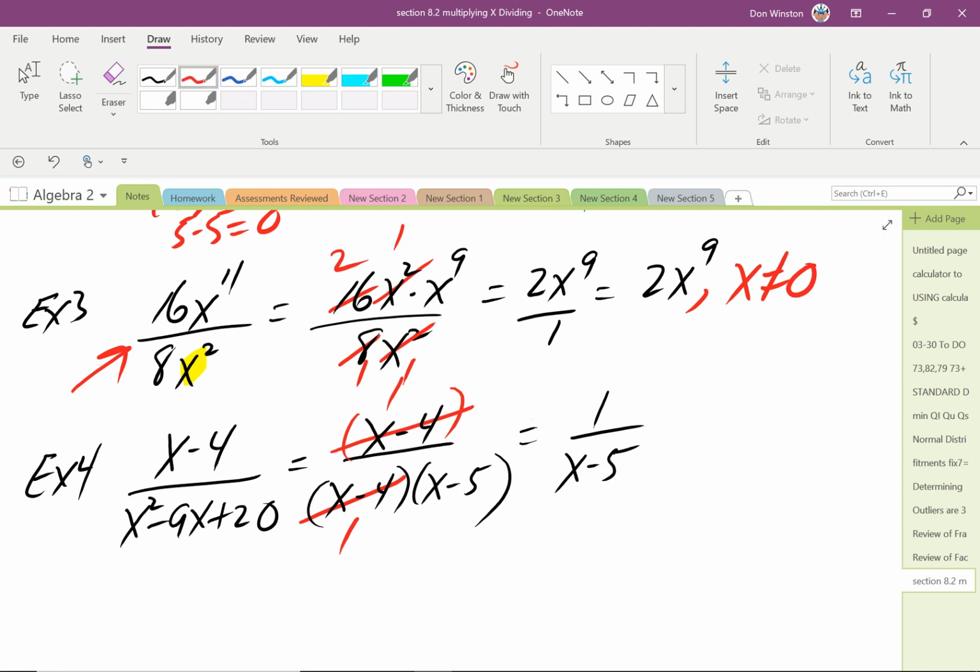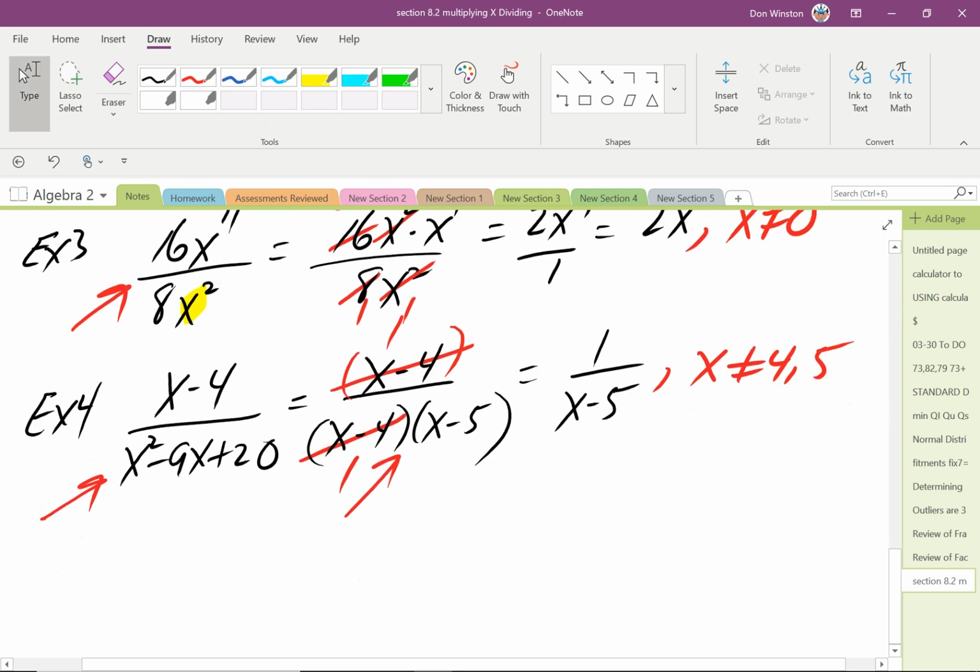But my domain restriction, again, is from where I started. I started here, or it's the same as that. So I see that x cannot equal 4 or 5. Otherwise, I'd have 0 in the denominator. If x is 4, I get 4 minus 4 times 4 minus 5, or 0 times negative 1 equals 0.